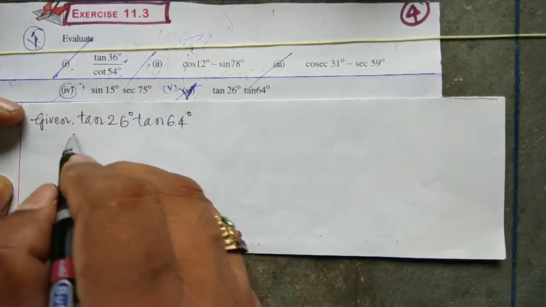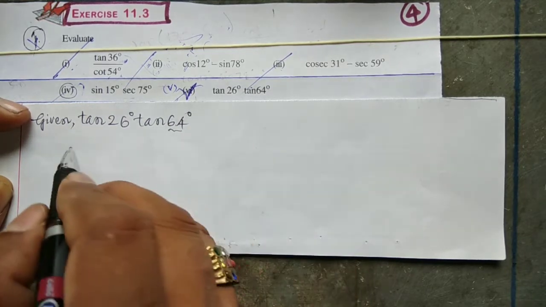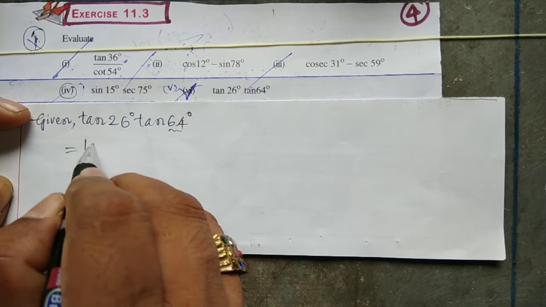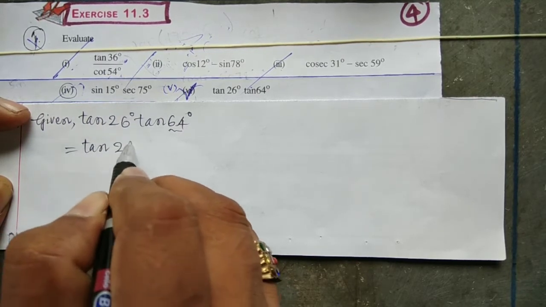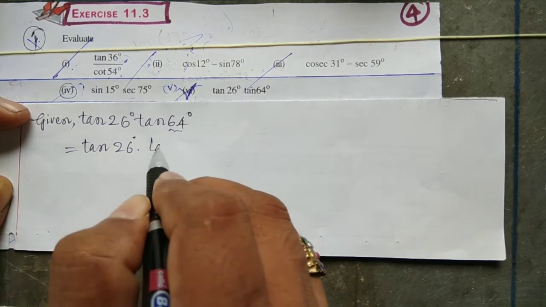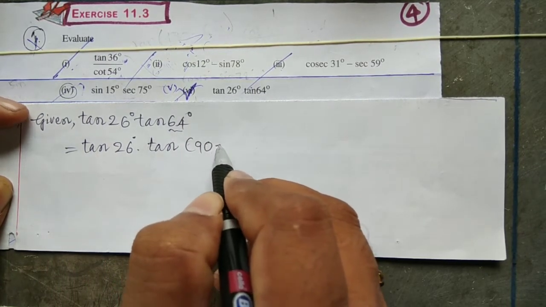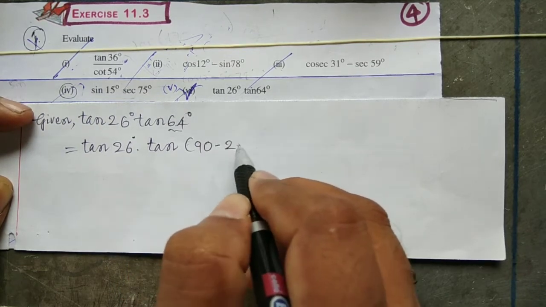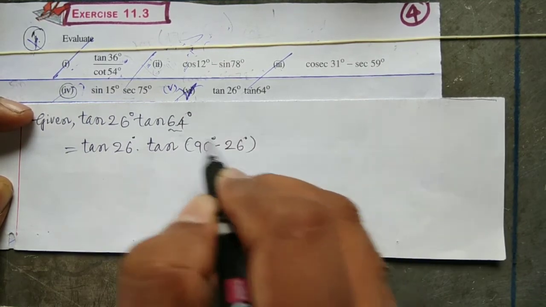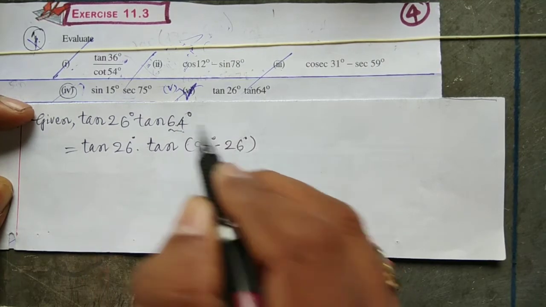Now we have to change this 64 degree. Tan 26 degree, tan of 90 minus 26. There is no change while writing this. 90 minus 26 is 64 only.